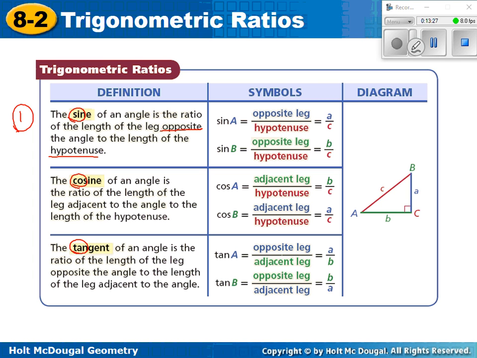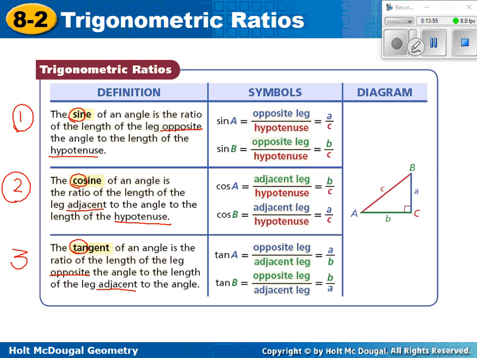Okay? So the first one is called the sine, and all it is is it compares the opposite side to the hypotenuse. The second trig ratio is the cosine, and it compares the adjacent side to the hypotenuse. And the third trig function is the tangent, and it compares the opposite side to the adjacent side.